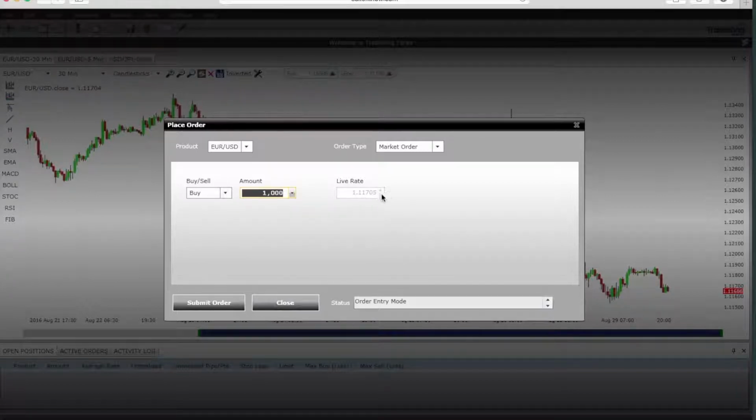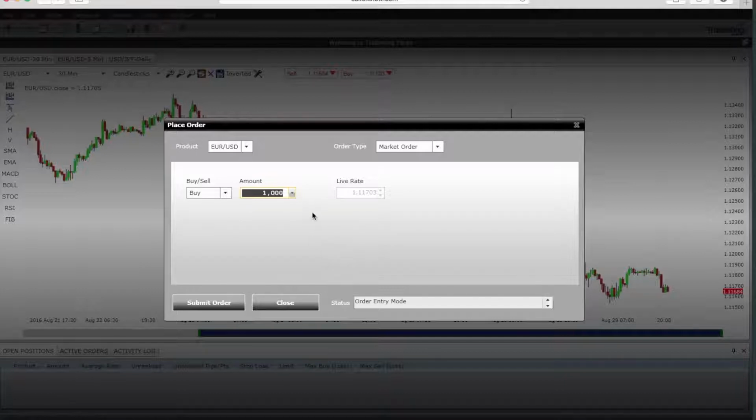And then what you can notice is you're unable to change the price at which your order is executed. That is because this is a market order, where once you hit submit order, this order is placed at the market and is executed instantly at the best available price.